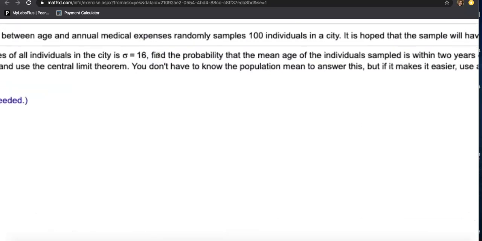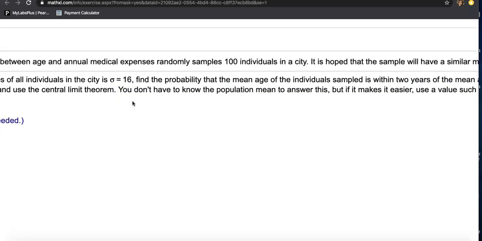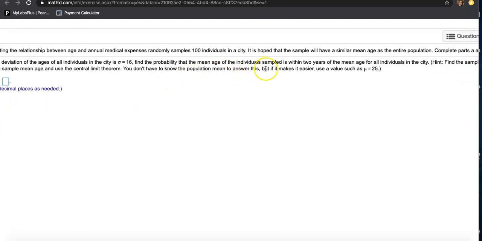And we know that's true, by just looking at the symbol, that little lowercase sigma, that's the symbol for standard deviation of the population. Let's keep reading. They want you to find the probability that the mean age of the individuals sampled is within 2 years of the mean age for all individuals in the city.